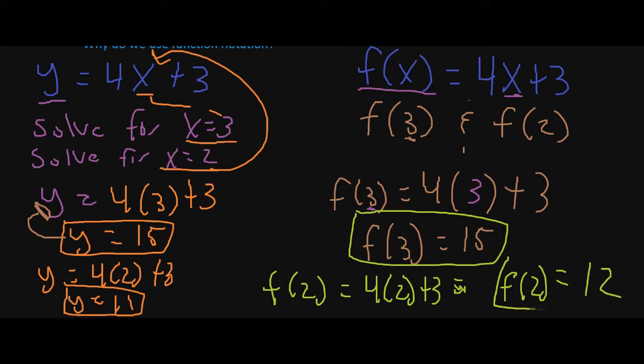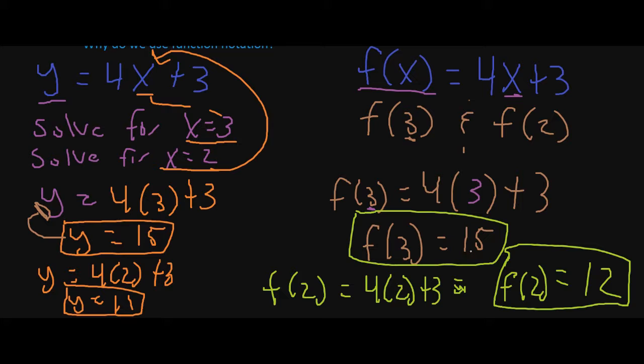There we go. So now if you look here at my answers over to the right, when I look at my answer right here, I can see f of 3. So when my x value was 3, my y value is 15.